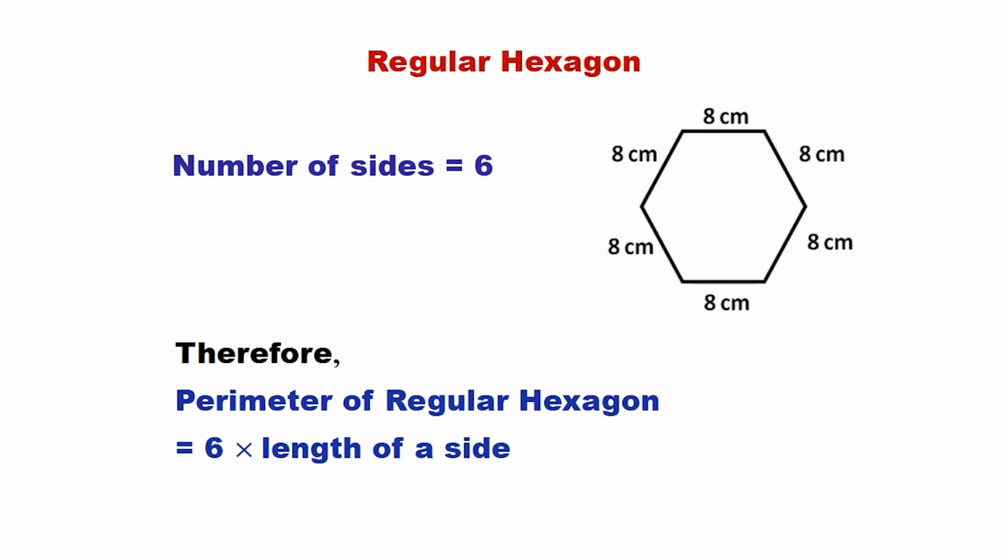This is a regular hexagon because it is made up of 6 sides of equal length. To find the perimeter of a regular hexagon, we will multiply the length of one side by 6 because the regular hexagon has 6 sides of equal length. Therefore, perimeter of regular hexagon is equal to 6 multiplied by length of a side.